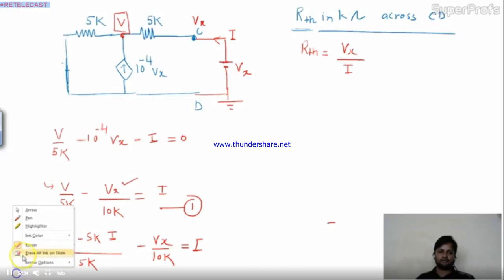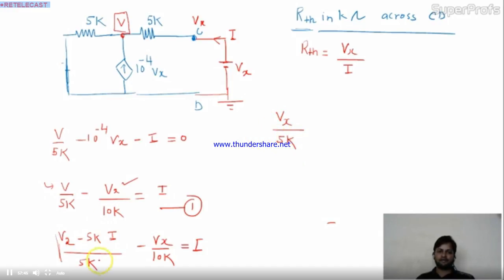Okay. Come to the equation. So I can write this: Vx divided by 5k, fine. Here it will be minus I. Okay. Here it is minus Vx by 10k equal to I. This I will go to this side.